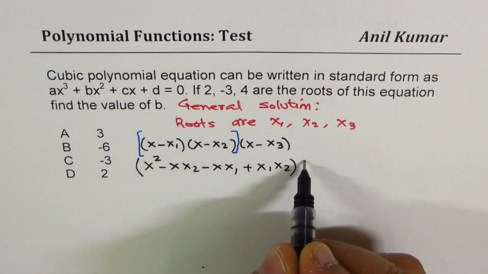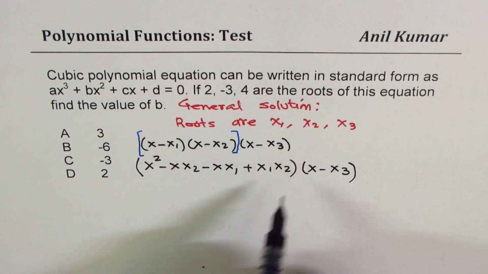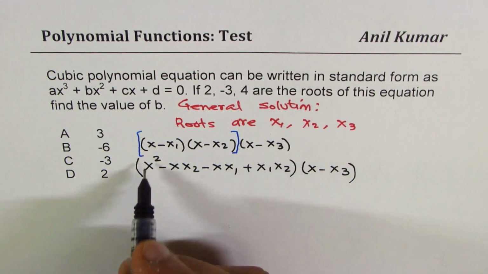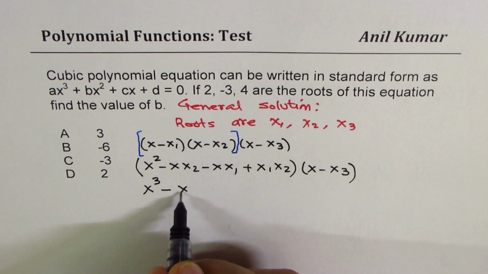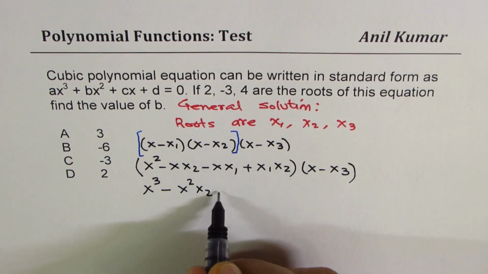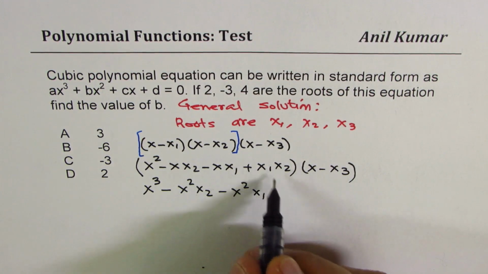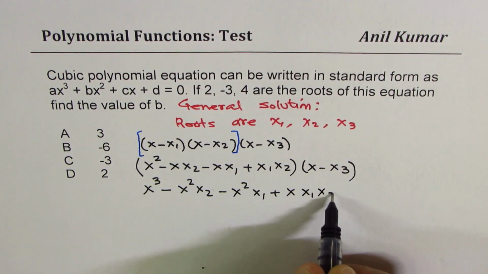Now that should be multiplied by the third factor, x minus x3. Now multiplying, we get x cubed minus x squared x2 minus x squared x1, and here you get plus x times x1 x2.